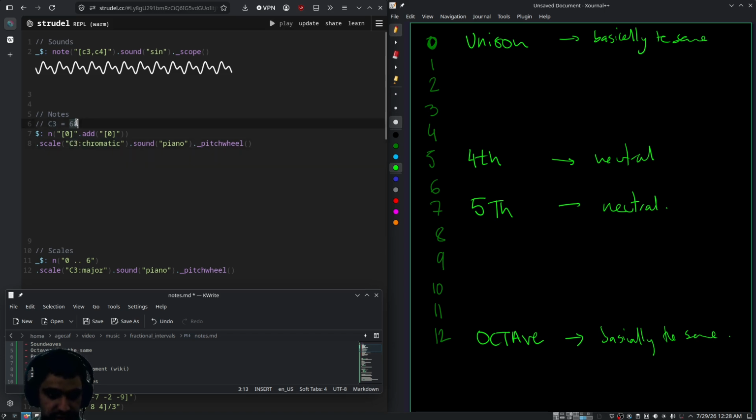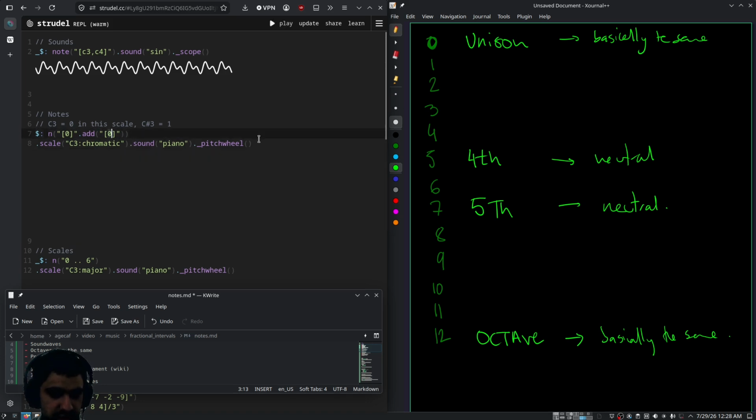And now C3 is going to be 0 in this scale. And what is the following note? Then that would be C sharp 3. That would be 1, for example. And so I can write this one, and that will be that.